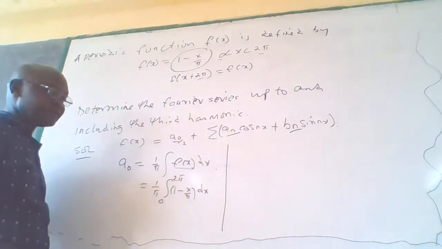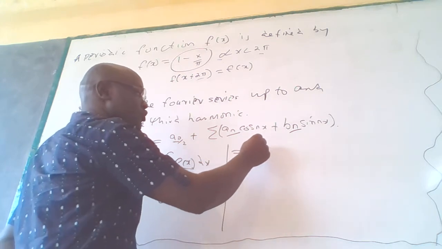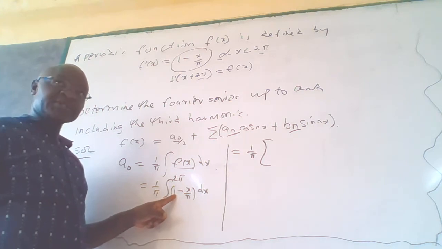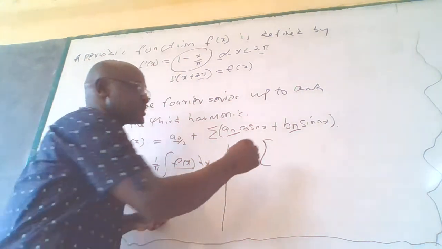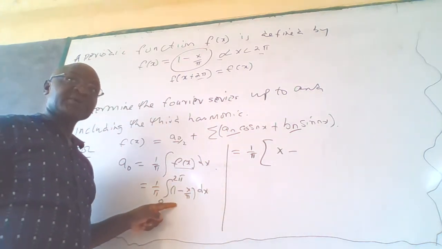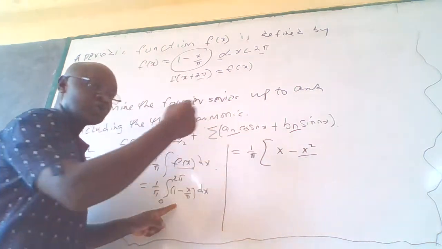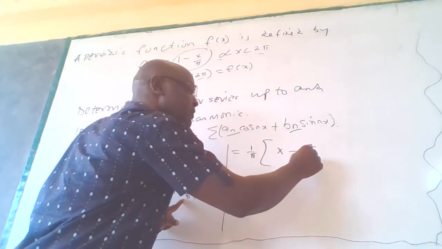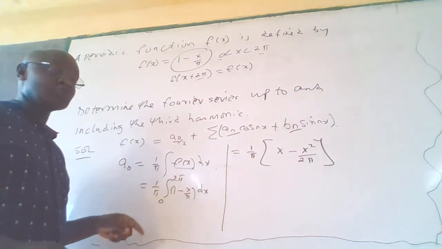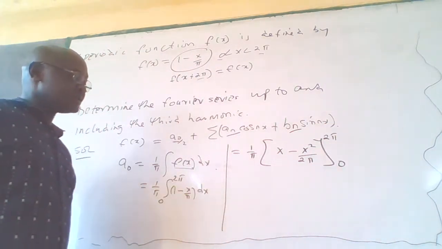So we need to integrate this. So this equals 1 over pi. When you integrate 1 with respect to x, you get x, minus, when you integrate x, you get x squared over 2, from 0 to 2 pi.